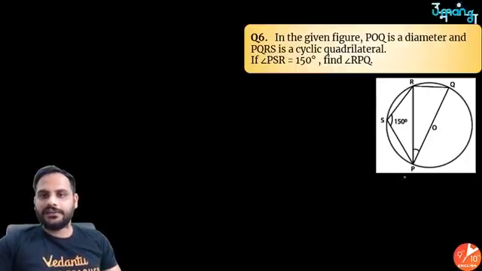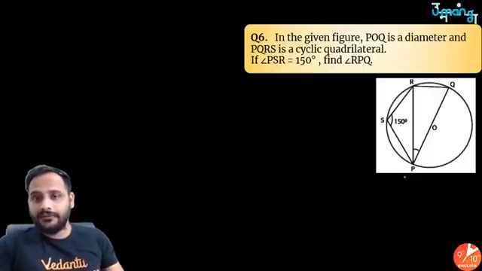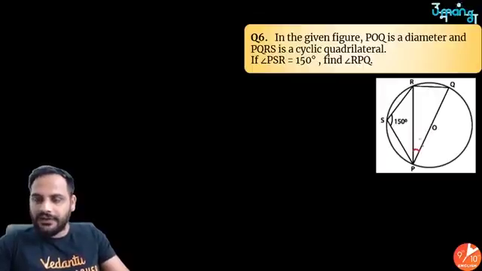Okay. Next question. In the given figure, POQ is a diameter and PQRS is a cyclic quadrilateral. If angle PSR is 150, find angle RPQ. This angle we need to find out. Now look, I know that PQRS is a cyclic quadrilateral, so opposite angles will be supplementary.